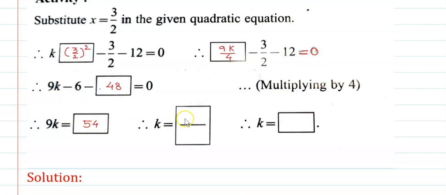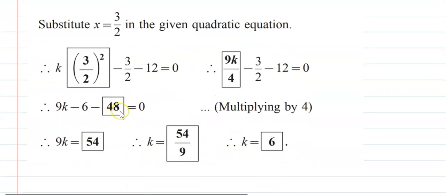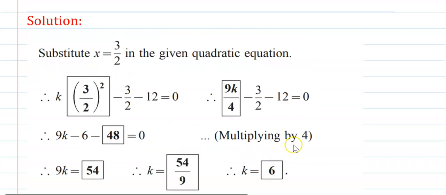Therefore, k is equal to 54 upon 9, therefore k is equal to 6. You can check it again here. 3 by 2 bracket square, 9k by 4, 48, 54 upon 9, k is 6.